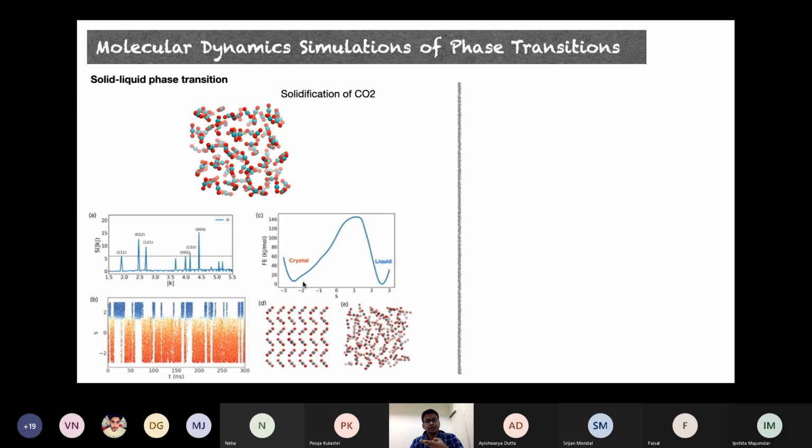You see here that delta G of these two phases is almost equal. So delta G is equal to 0. That means this temperature and pressure that I have chosen in my simulation is at the coexistence point or coexistence line. So I chose one point on the coexistence curve and then started this transition, and it is confirmed by the similar free energy of these two phases where delta G equals 0. So this is like a coexistence point.